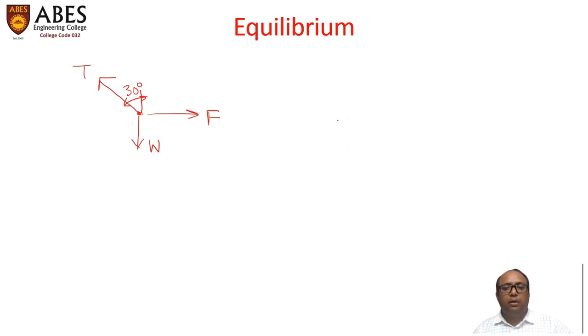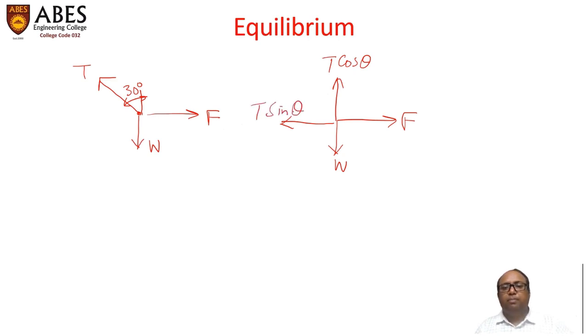I'm drawing it here. F is the force, W is the weight acting on the object in the downward direction. The tension in the thread is divided into two components. The first one is in the vertical direction, T cosine of theta, and the other is T sine of theta.